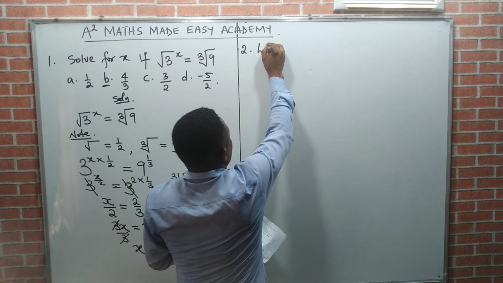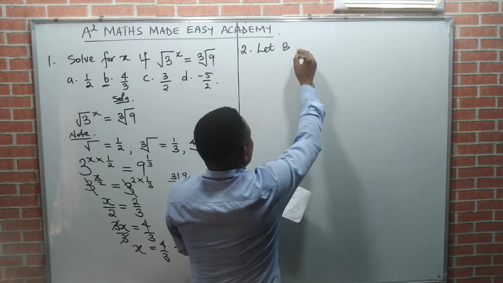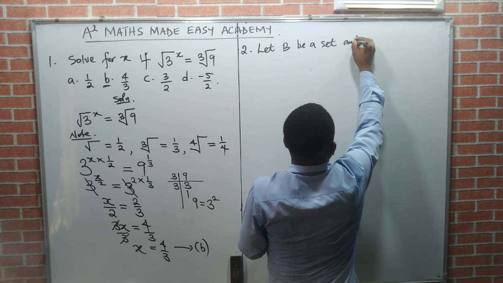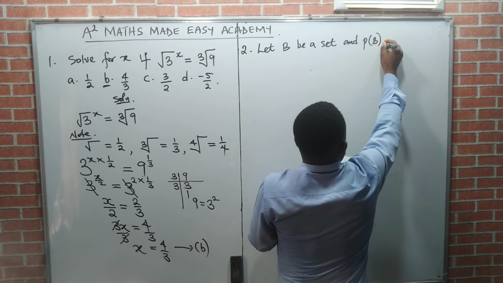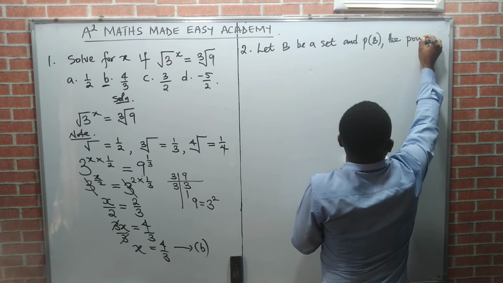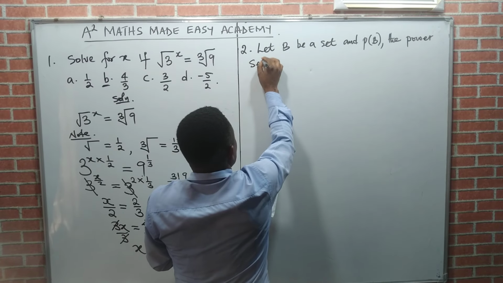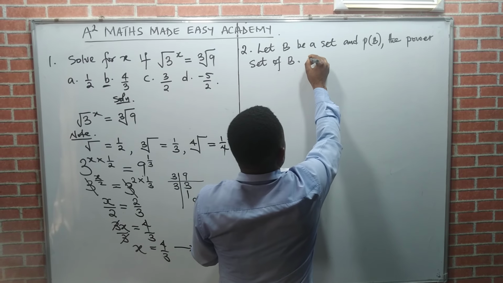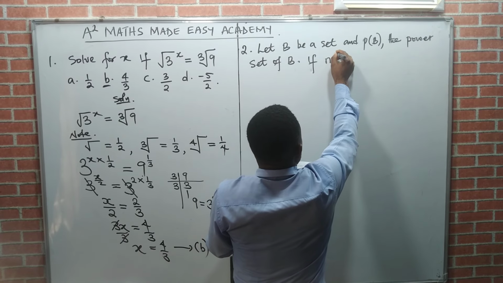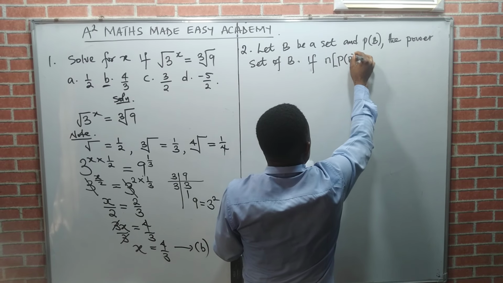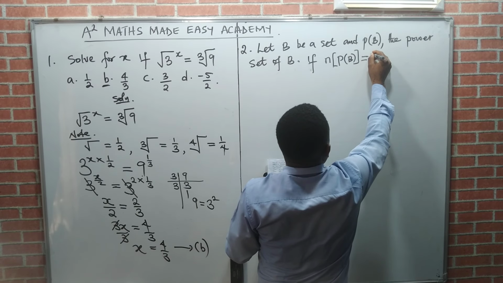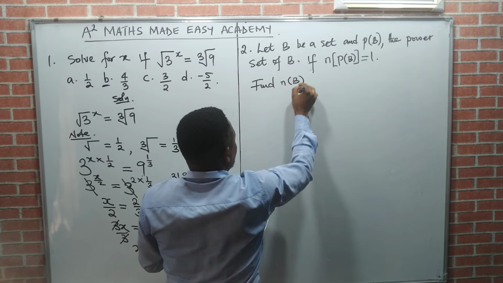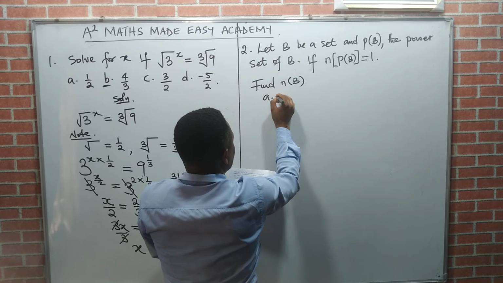The question says, let B be a set, and P of B, the power set of B. Now the question says, if the cardinality of the power set of B is equal to 1, find the cardinality of B. Then option A is 0.